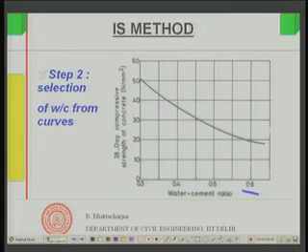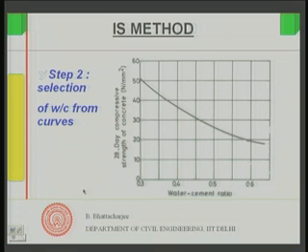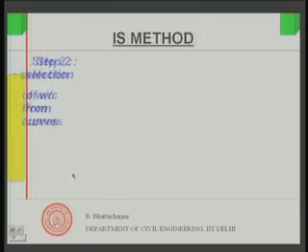So, this is one curve. If you do not know the strength of the cement, you have a general curve you can use, and you can find out the 28-day strength of your concrete, and using this data you can find out the water cement ratio based on strength. We will take up an example problem, it will be clear.